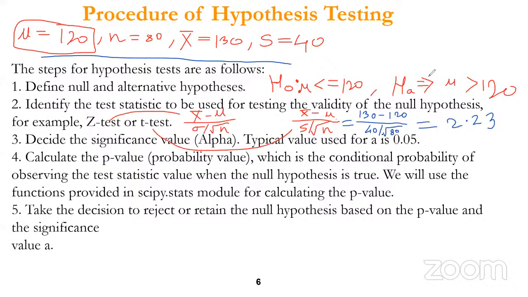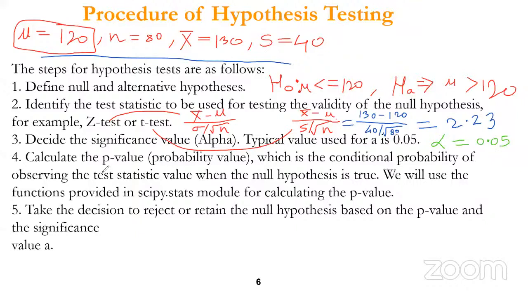Next step will be you need to go for assuming the value for alpha. Now again in our problem statement, alpha is not mentioned. So we will consider alpha is equals to 0.05. That means 5% is the chance that we may go wrong. Alpha is the proportion or percentage of error, allowed error. So 5% is the chance that we may go wrong.